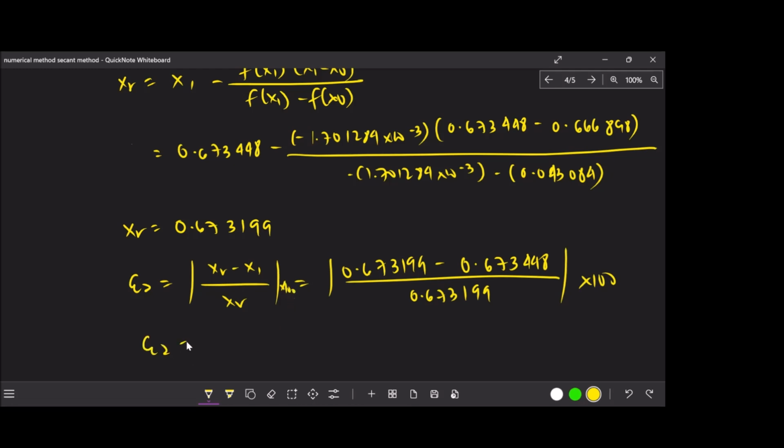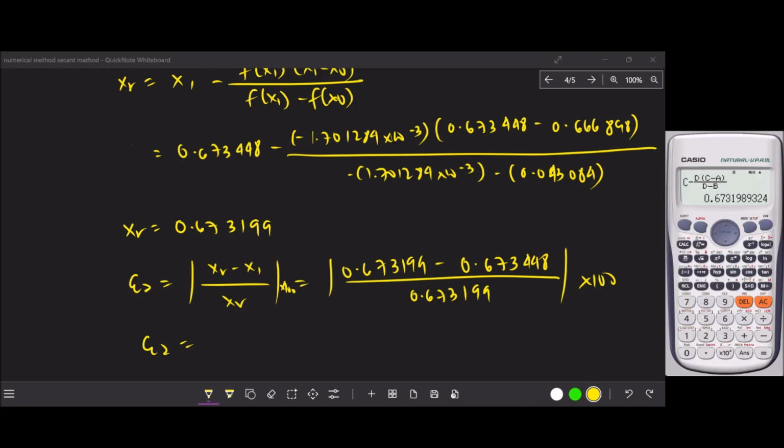Okay. If it is equal or less than 0.05%, then we will stop our calculations. Okay, so just store in E. So recall E minus C over recall A, times 100.